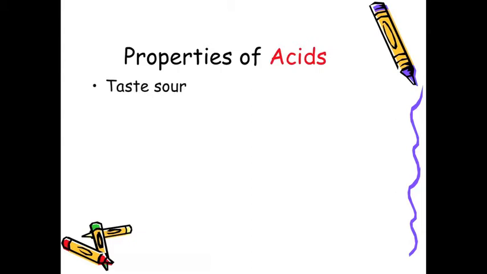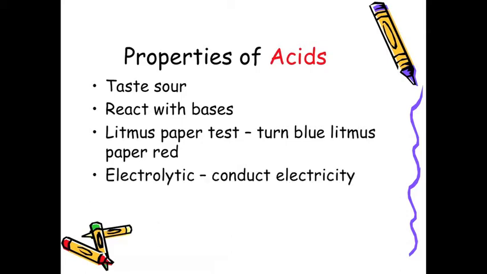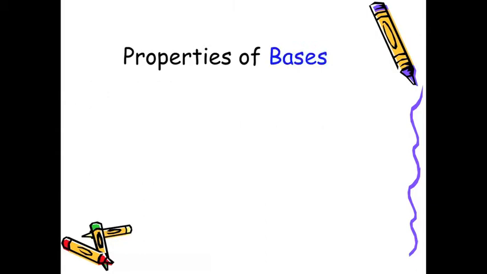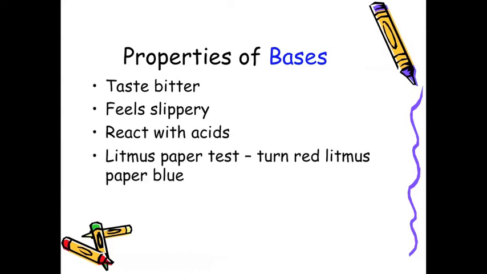They taste sour like a lemon, they react with bases, you'll see how that works later, and to a litmus paper test, they turn blue litmus paper red. Now, if you see a question that asks what color do acids turn litmus paper, the answer is red. And they are also electrolytic, meaning they conduct electricity. Properties of bases are that they taste bitter, they feel slippery, they react with acids, and they turn litmus paper blue. They're also electrolytic.